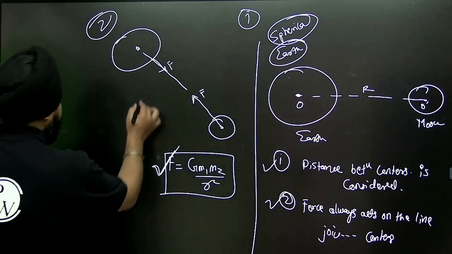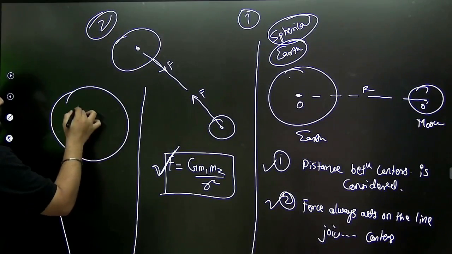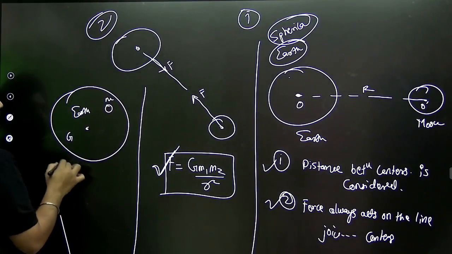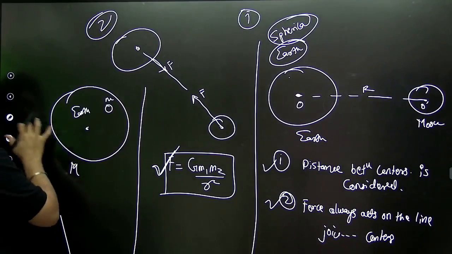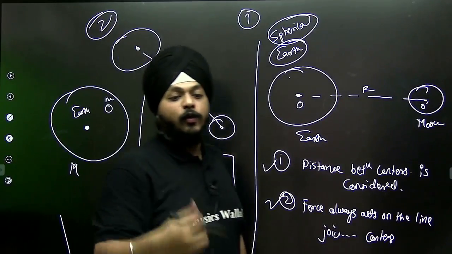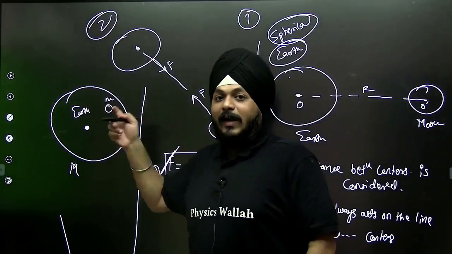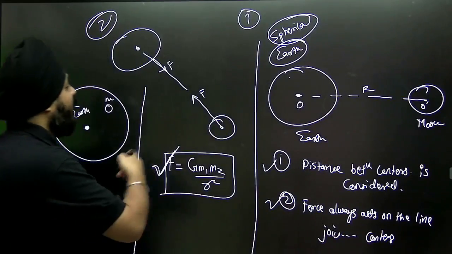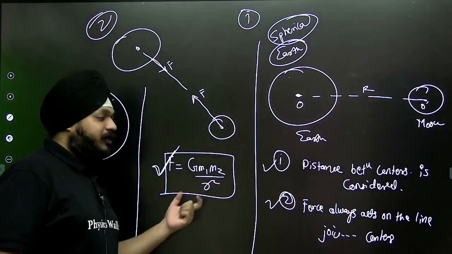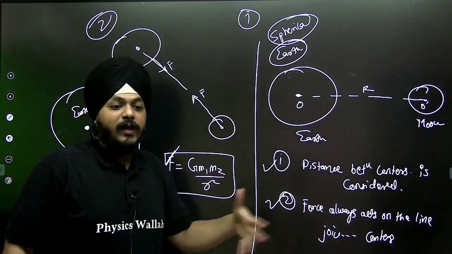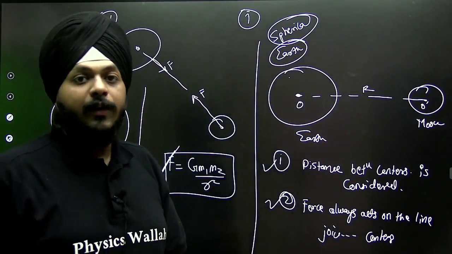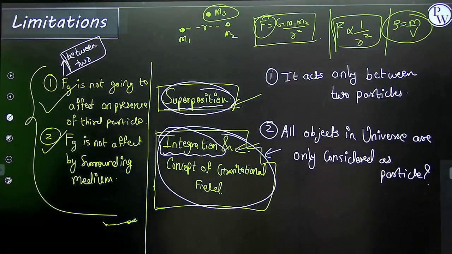Now, what about this? This is an earth. Suppose an object is kept here, of mass m. For this kind of configuration, how are we able to calculate? For this complex case, integration is needed. Slowly we are going to clear up these concepts and go deeper into them. So these were the limitations.